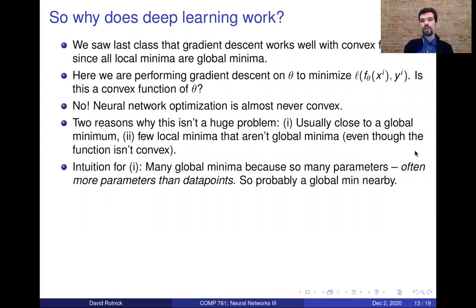So the intuition for the first one is that there are many global minima because there are just tons of parameters. So there is a lot of redundancy. Oftentimes, you can get your loss function down as low as you want without changing your weights very much. And this is something which people observe in practice, that the weights you start with are pretty close to the weights you end with.